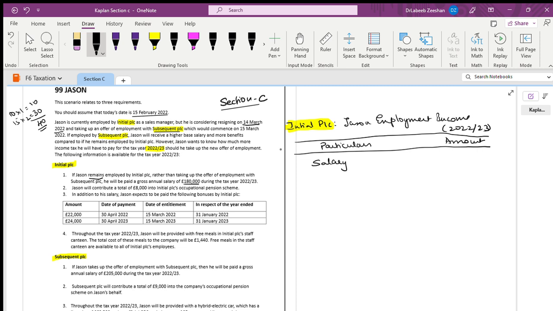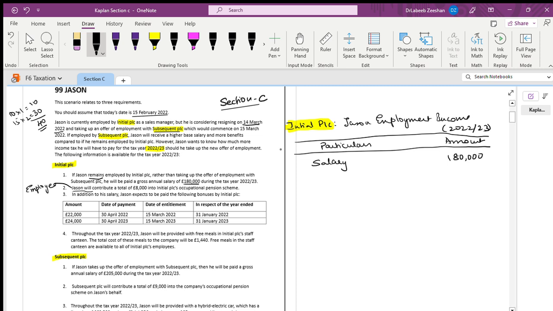Salary will be 180. Now, what you see: Jason will contribute 8,000 to the initial PLC occupation pension scheme.